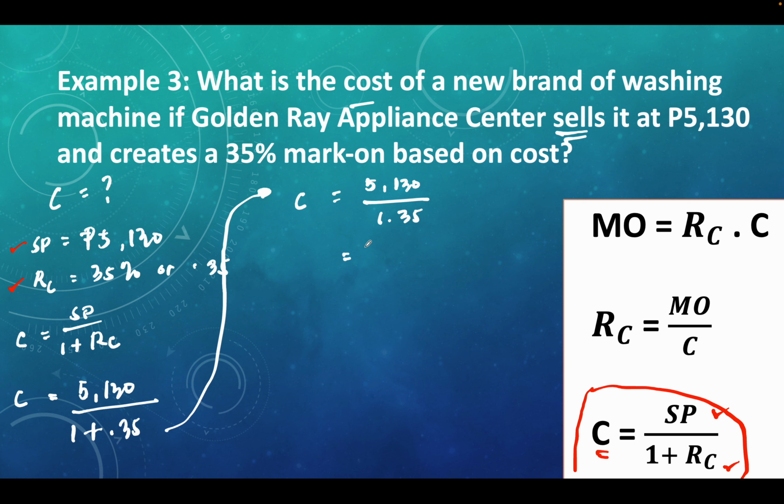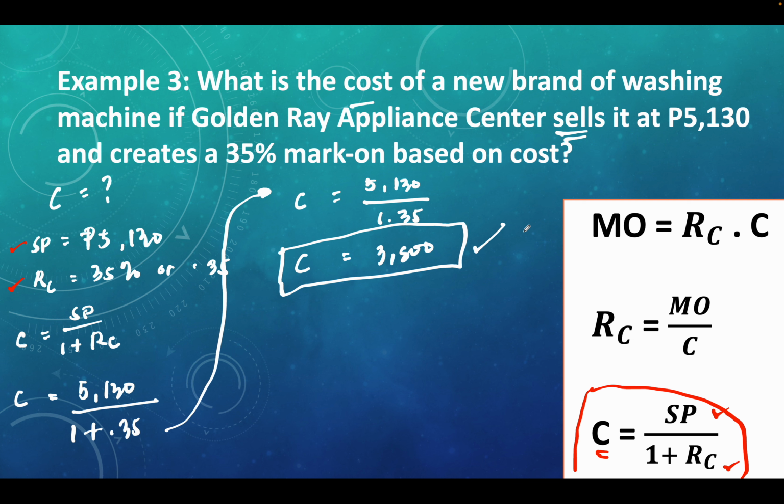Then after that, in your calculator, we have 5,130 divided by 1.35. That is equivalent to 3,800. So the cost of the washing machine that they sell for 5,130 is 3,800.